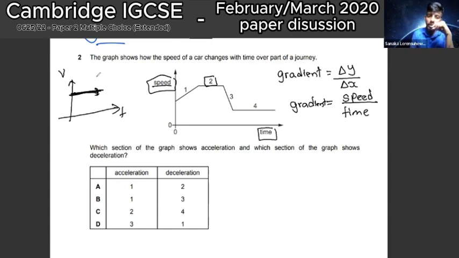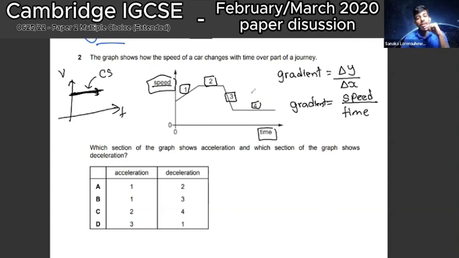The first section represents acceleration, the second represents constant speed, and the third section represents deceleration. The fourth one again represents constant speed.